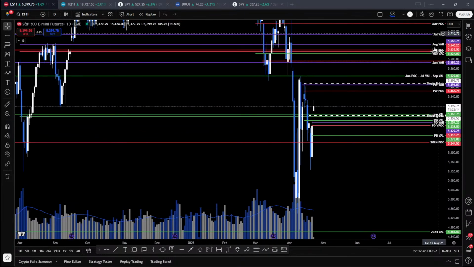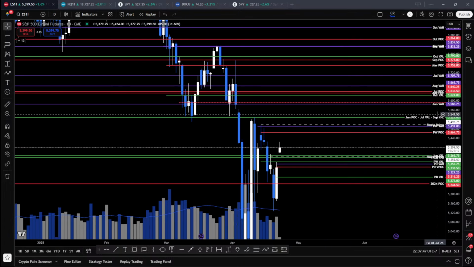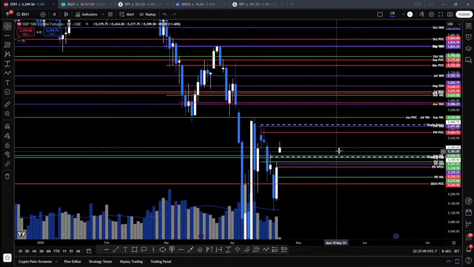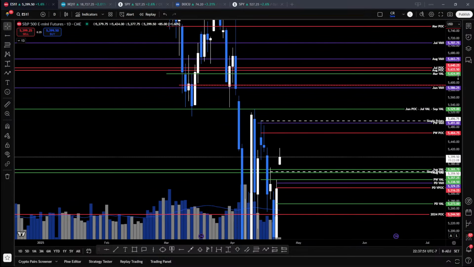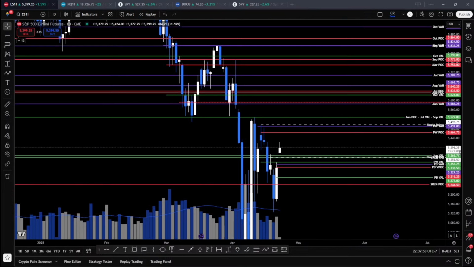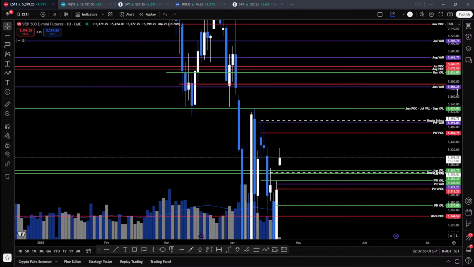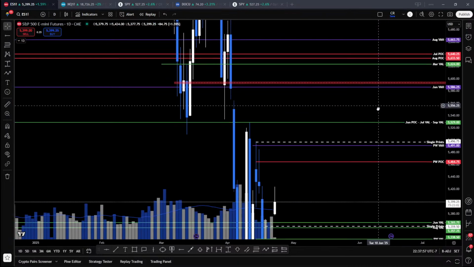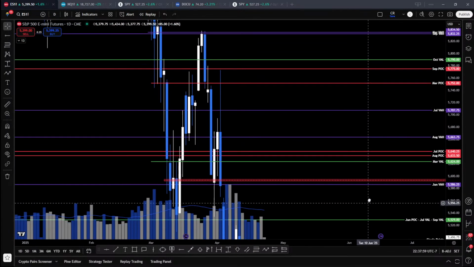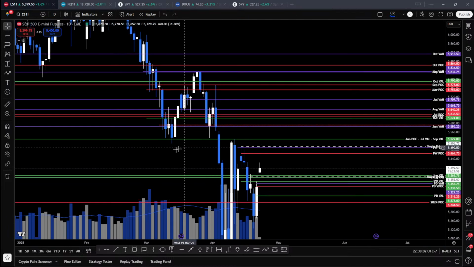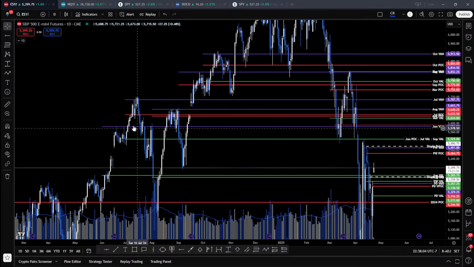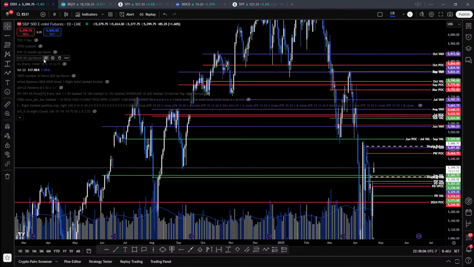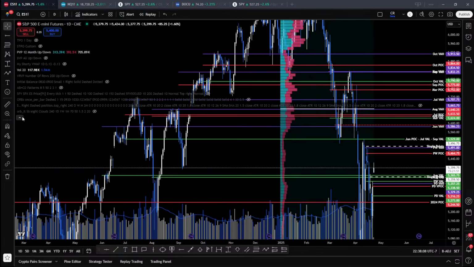I talked about this earlier on my YouTube, but I think right now we're targeting the 2024 value area high. I don't know why I can't see it right now. Oh, I don't have it on this chart. That's why. Let me do that really quick.